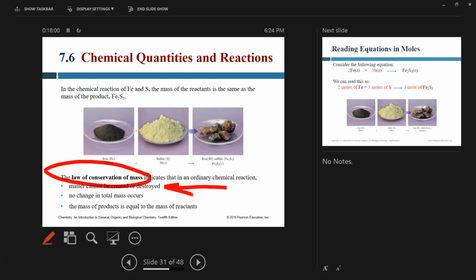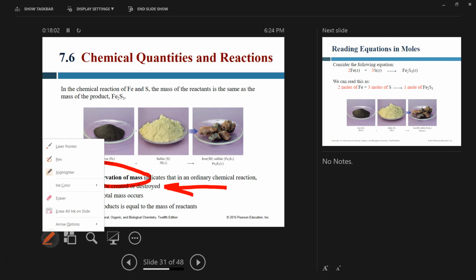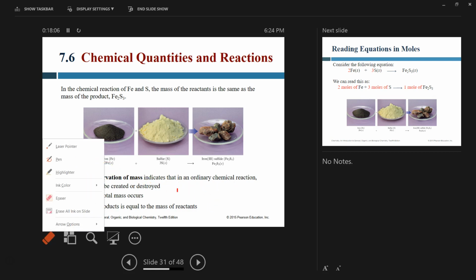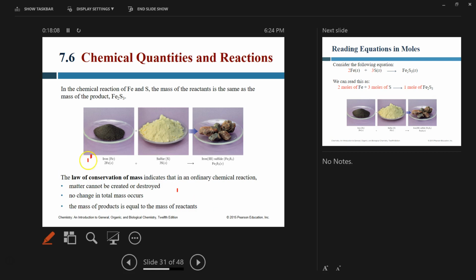Okay? So, for instance, in this example, the total mass of iron plus the total mass of sulfur after they reacted will be equal to the total mass of the product, iron 3 sulfide.